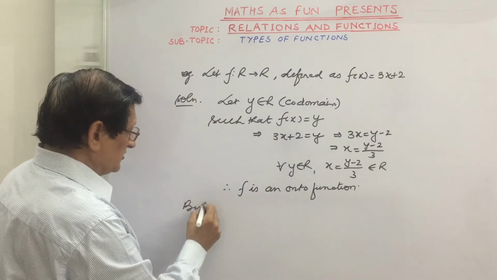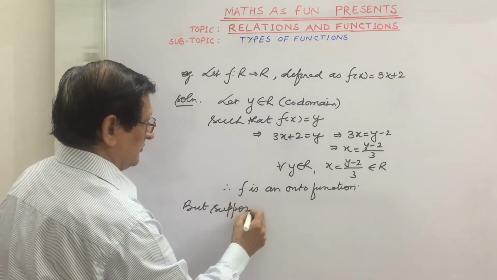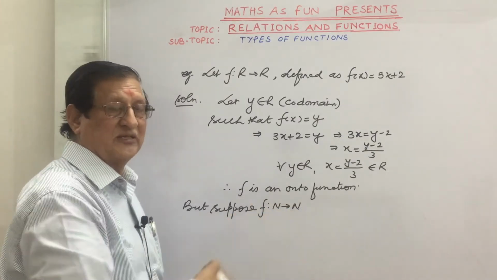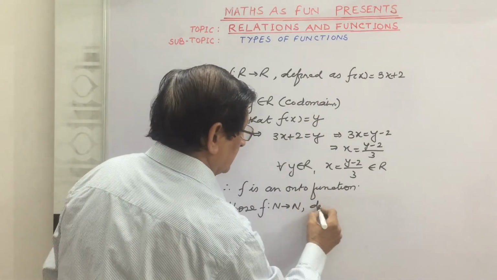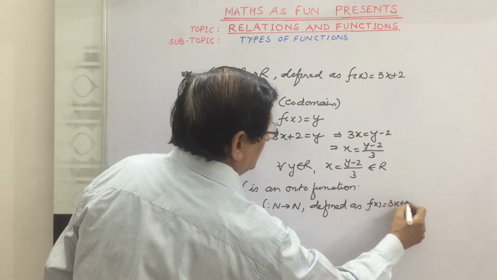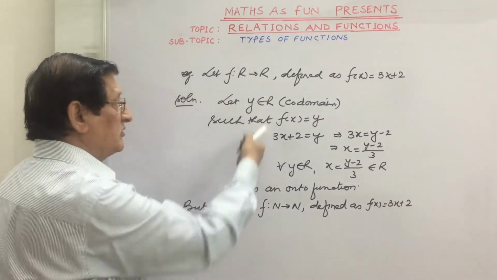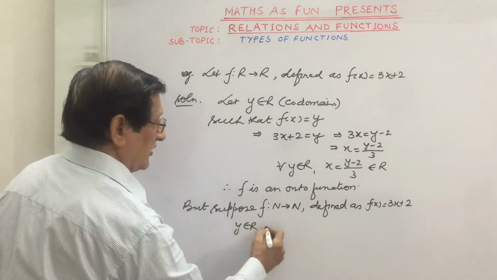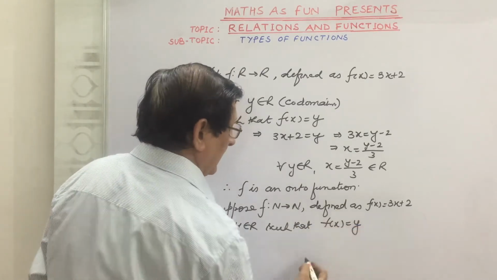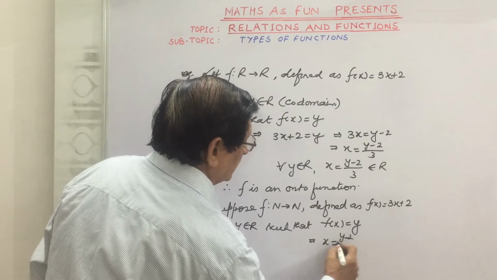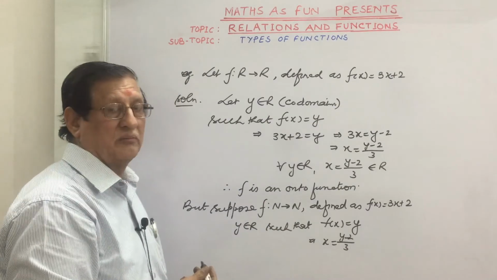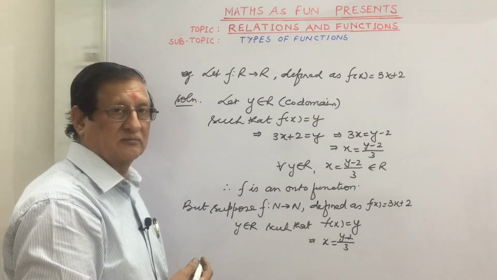But suppose we are given f from N to N, that is the set of natural numbers. Same definition, defined as f(x) = 3x + 2. Then taking the same thing, y belongs to N such that f(x) = y, and we get x = (y - 2)/3, but we know that (y - 2)/3 will not be a natural number for every y being a natural number.